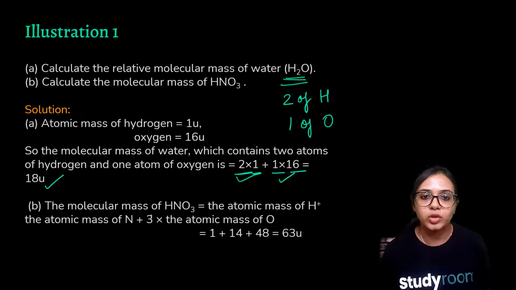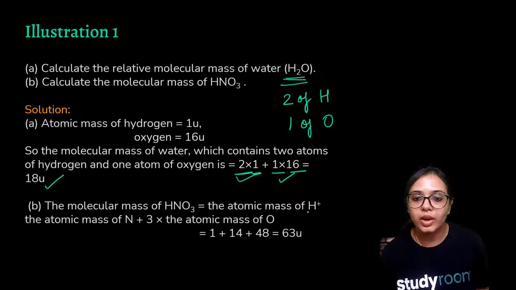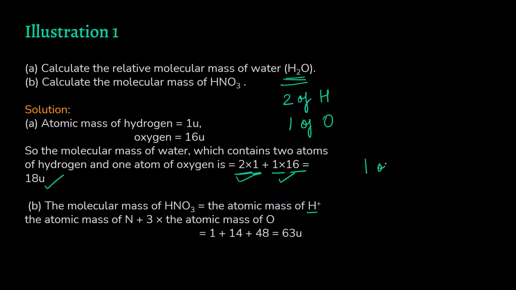Similarly, in the case of nitric acid, HNO3, there is 1 atom of hydrogen, 1 atom of nitrogen, and 3 atoms of oxygen.